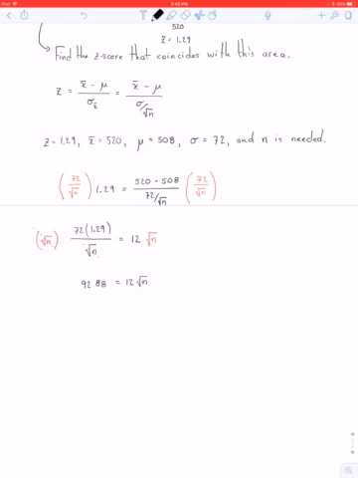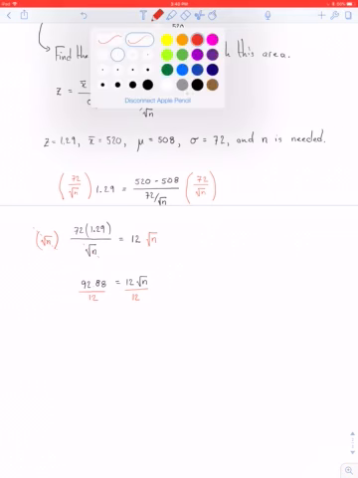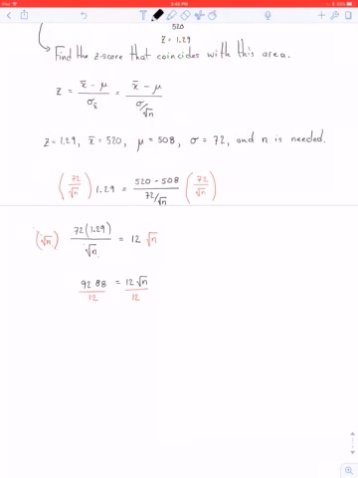Now what we want to do is get the n by itself, but first we'll start with clearing out that 12. So if I take my 92.88 and divide it by 12, I get 7.74 equals the square root of n.